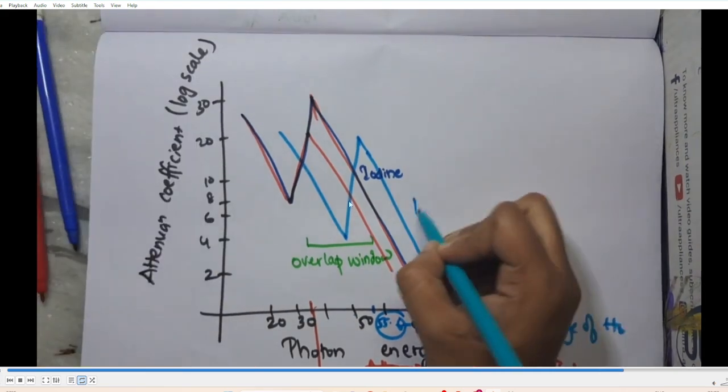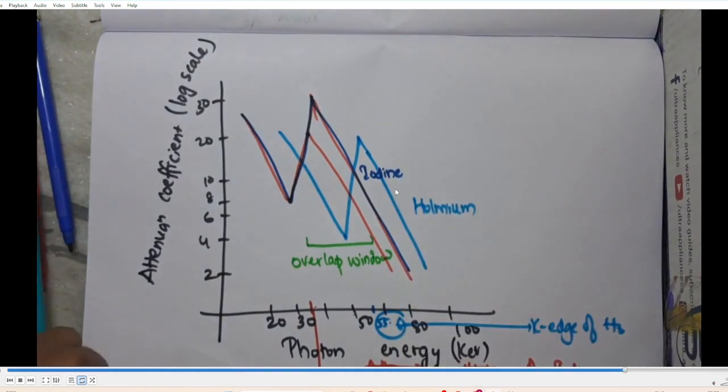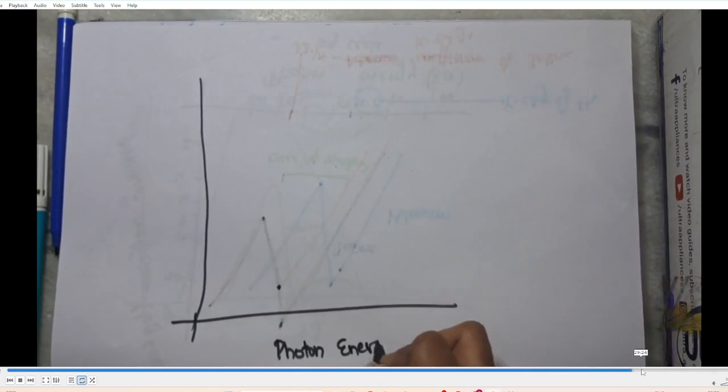This overlap window, which is about 20 kilo electron volt, affords improved contrast when imaging iodine or barium when the X-ray beam filtered by a heavy metal filter is compared to that of an aluminium filter. So this is holmium, this is iodine. I'm drawing the same picture again because it's not good.